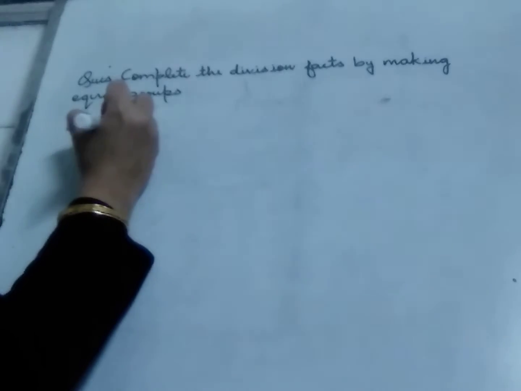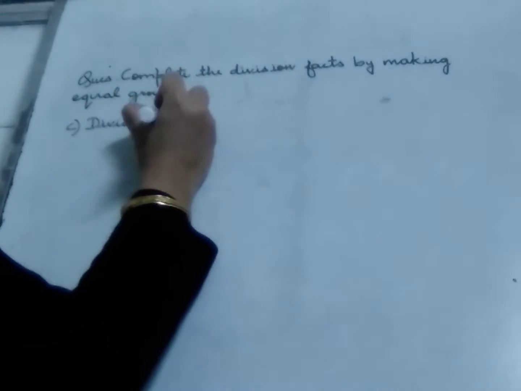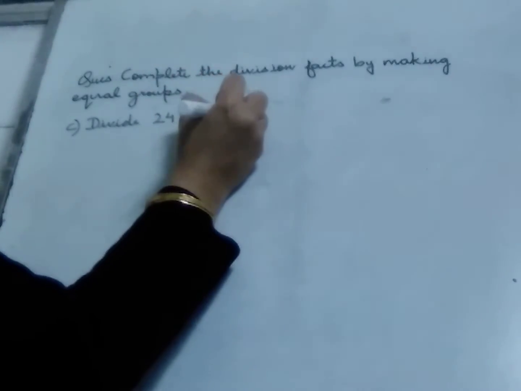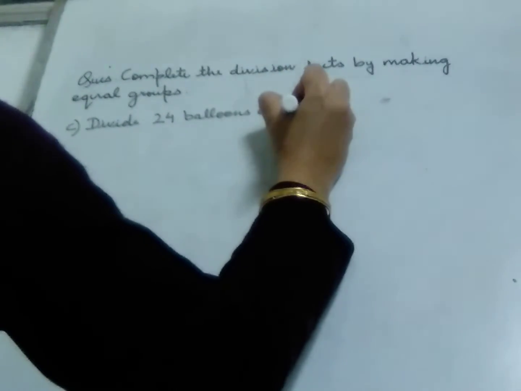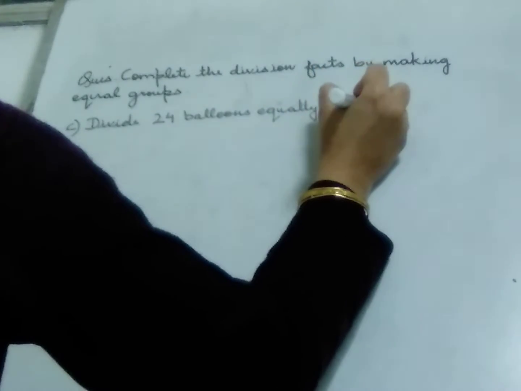Next question is divide 24 balloons equally among 6 children.